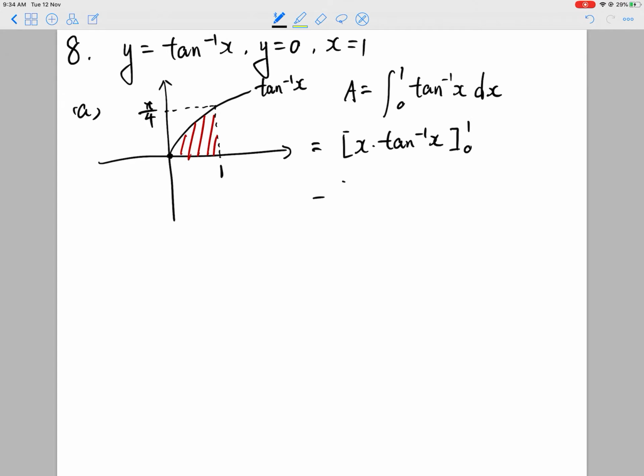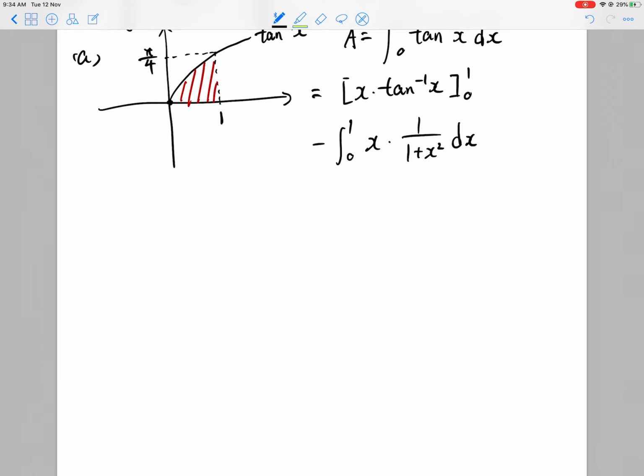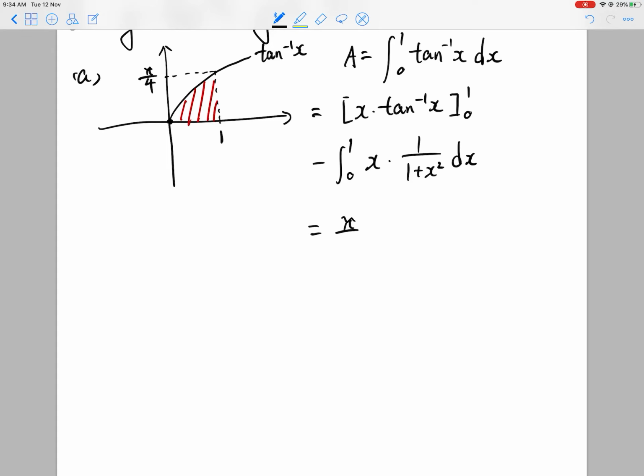Okay, minus from 0 to 1, x times 1 over 1 plus x squared dx. Okay, so here is pi over 4 minus this integration.